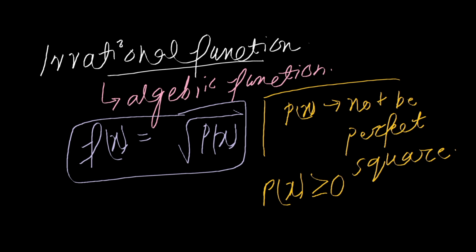Why? Because if p of x becomes less than 0, then this is a complex number, and functions are undefined for complex numbers. Therefore, the term under the root in an irrational function should always be greater than or equal to 0.